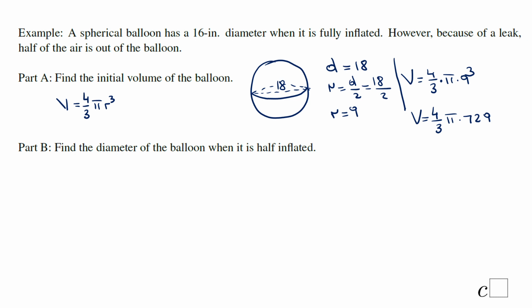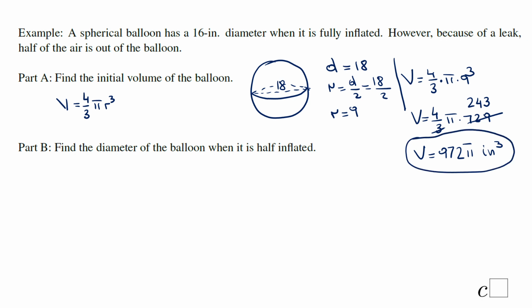Then we're going to simplify by 3 here, and that is going to be 243. That's one way to see it. And we have 4 times 243. I end up with a volume of 972 pi cubic inches. Let's use this unit since we have inches. And that is the initial volume of the balloon.